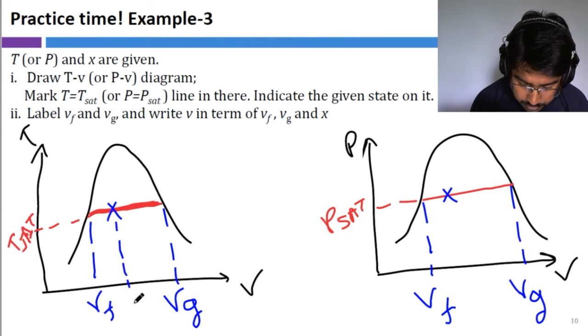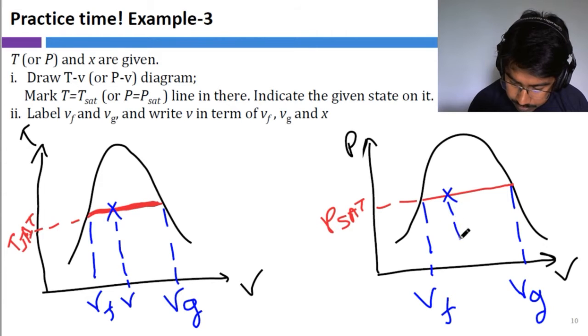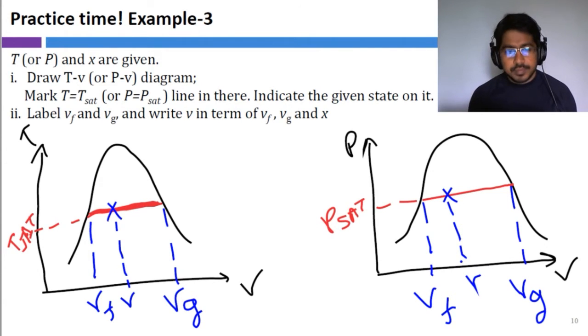And for our state, the specific volume at the state that we are interested in, we can call it specific volume v. Any questions so far? Anything that's not clear? Okay.